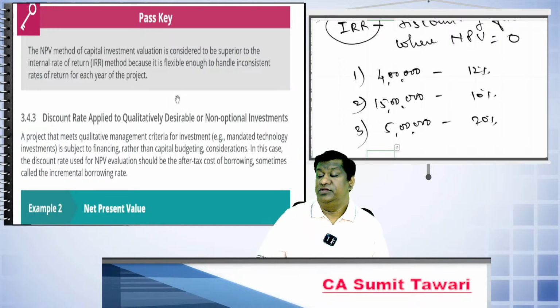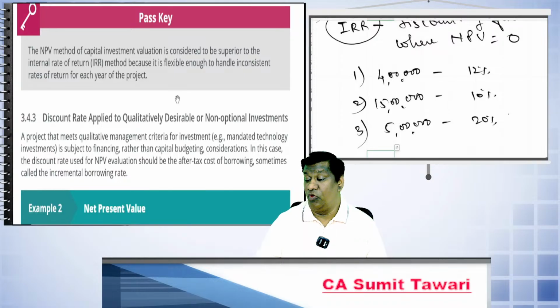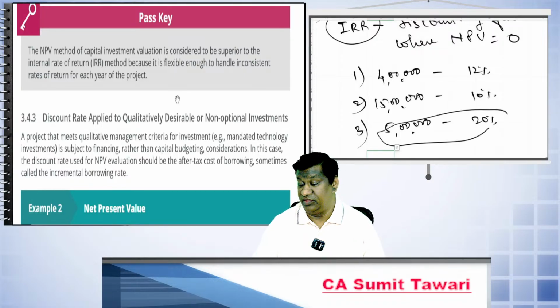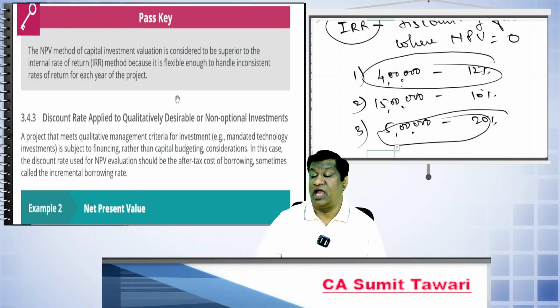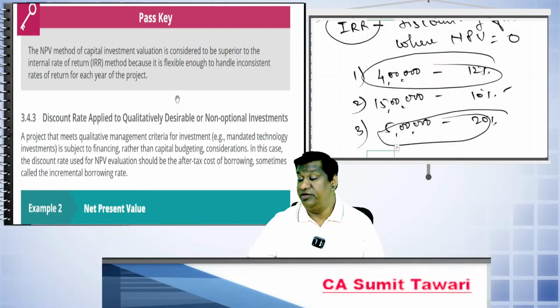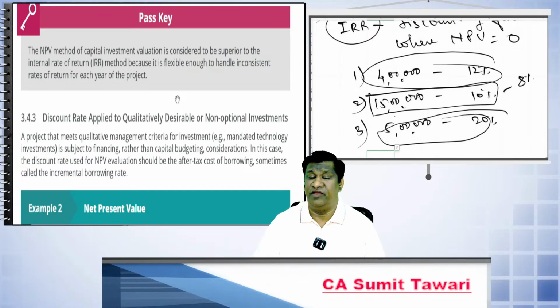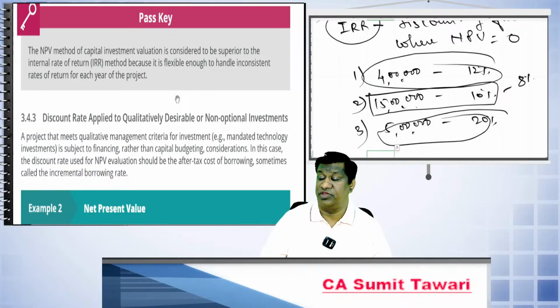So if I go with this IRR, I may invest only a little amount. If I am okay to earn 8%, and I have an infinite amount, then it is better to go with the second one, because in absolute terms I am able to earn more.